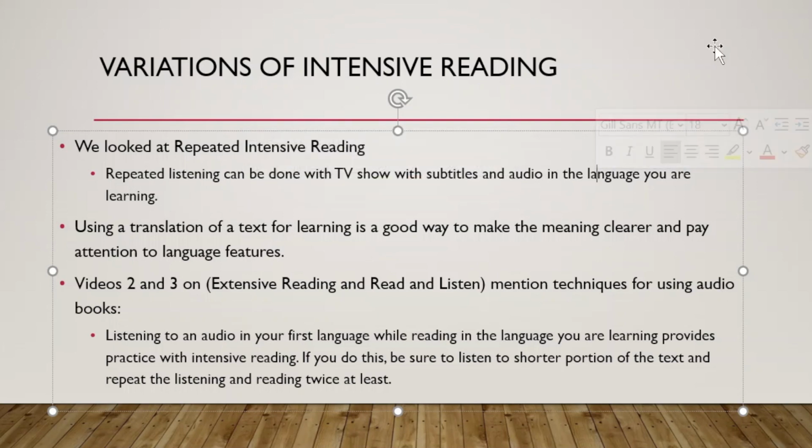And this comes to mind when I think about Professor Alexander Argali's shadowing technique. So you can also use a translation of the text. So you've got the text that you're learning in another language, and you have a translation of that same text in English. So first, you could read the text in your own language first, and then go through the text of the language you're learning.